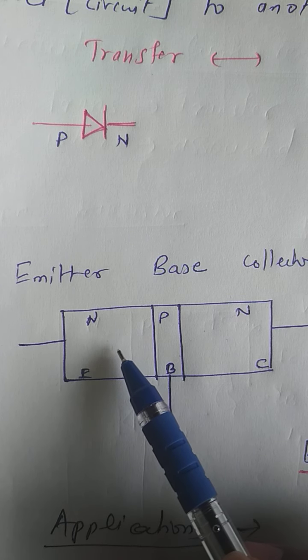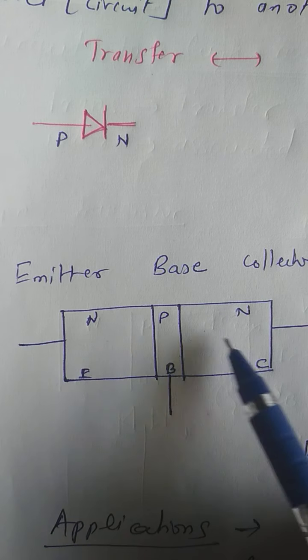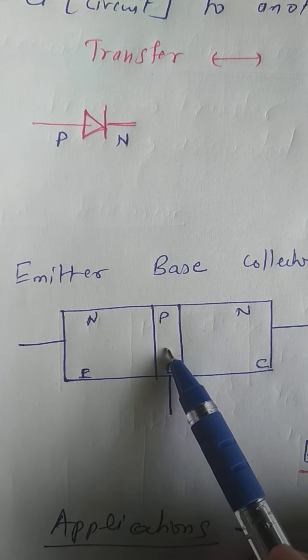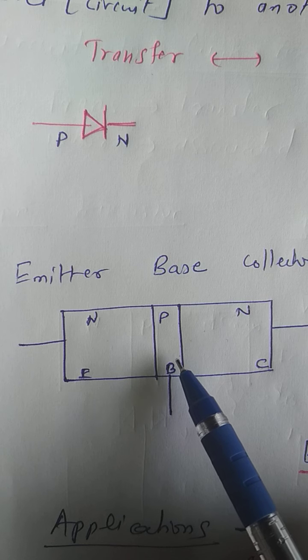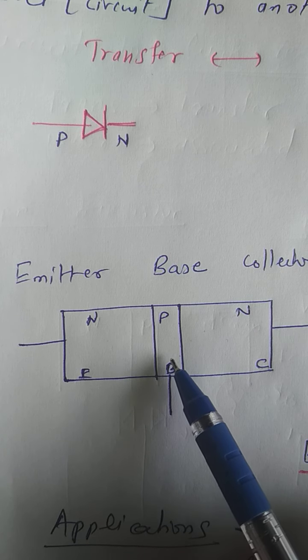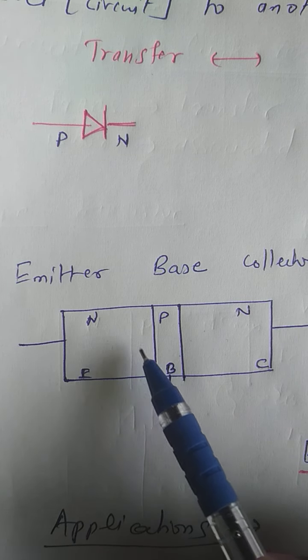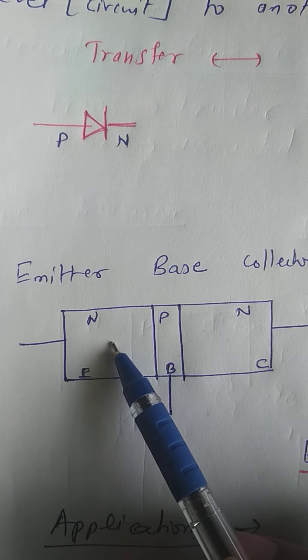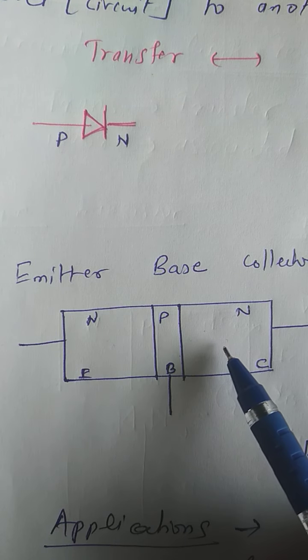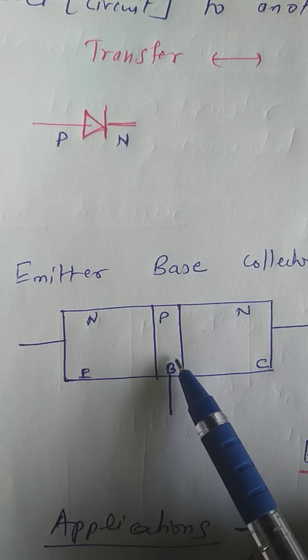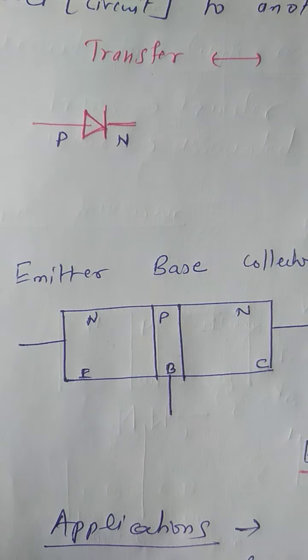More electrons are present in this region even compared to the collector. In the P region, the base, we have holes, but when we compare the count of charge carriers, it is the largest in the emitter, and in the base we have the least count.